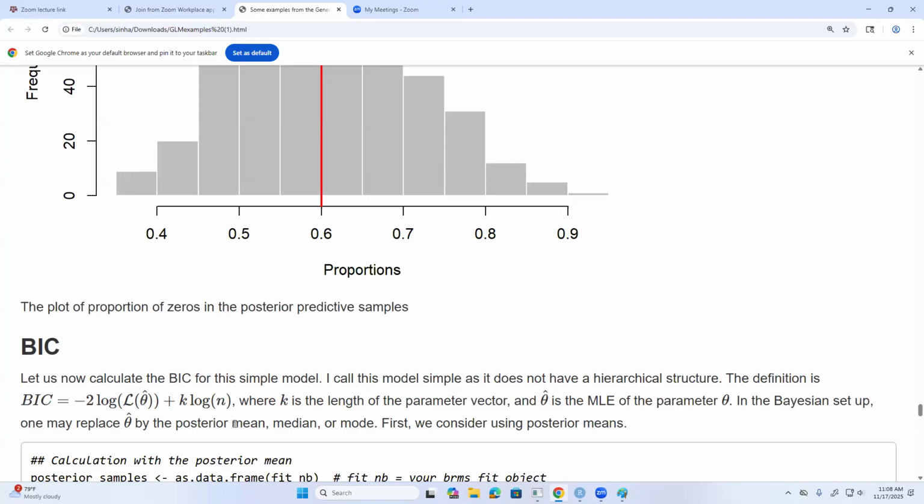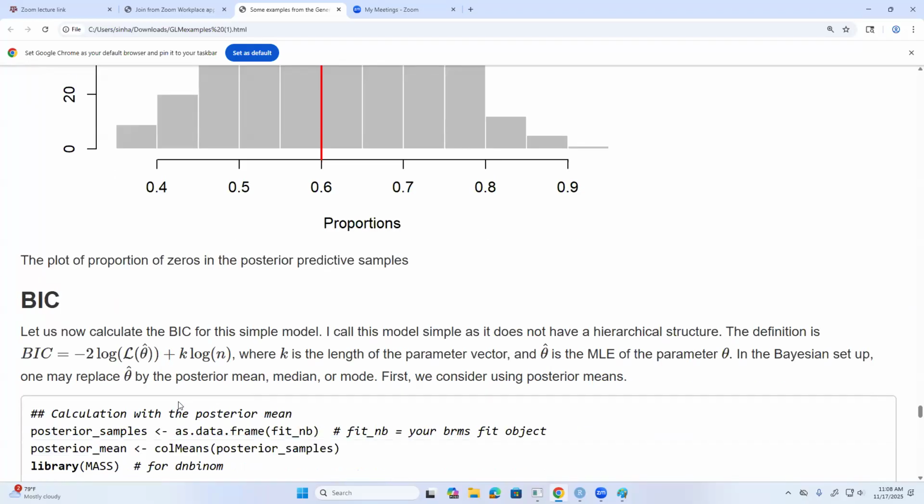Now BIC was originally defined where theta hat was the MLE, maximum likelihood estimator. It is a Laplace approximation of the marginal likelihood. Now, what do you do if you don't have MLE?